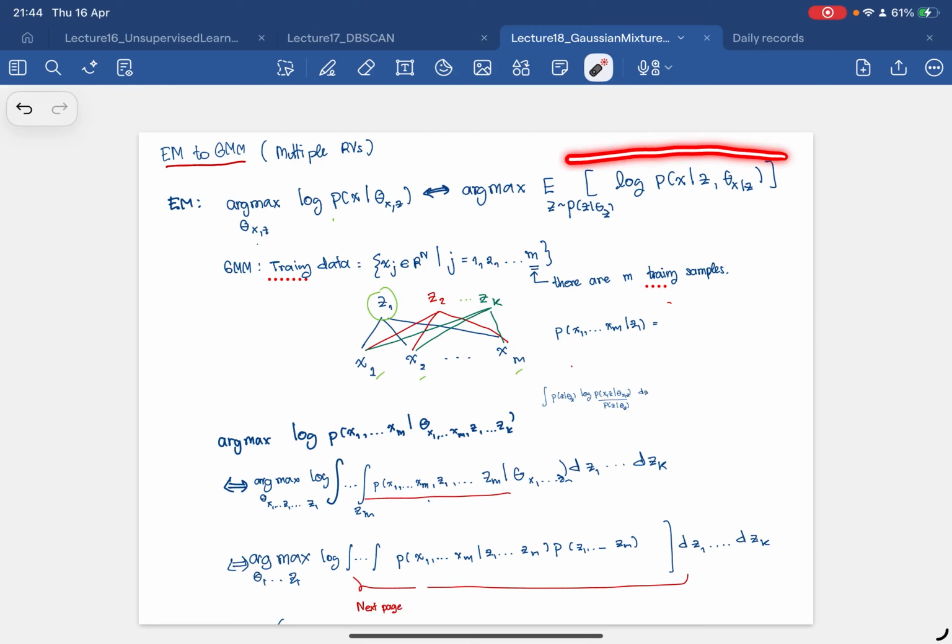But actually, this formulation will be tweaked a little bit to support the fact that we have K clusters and M training samples.